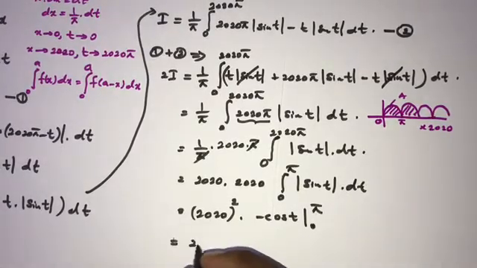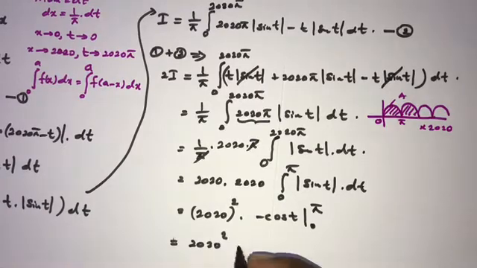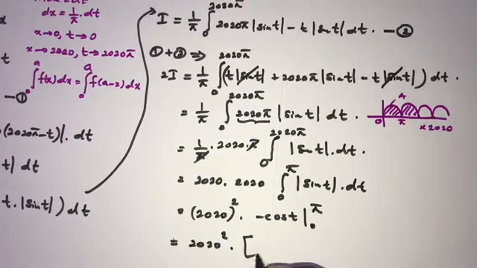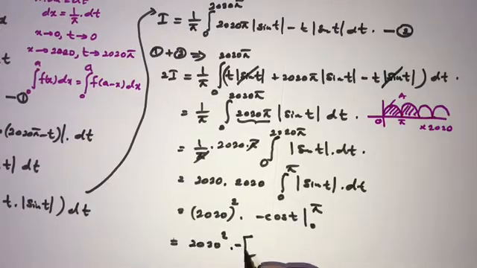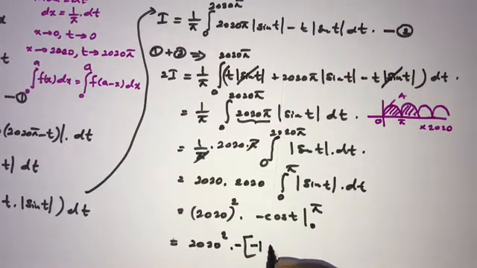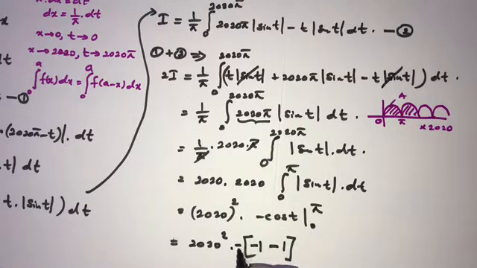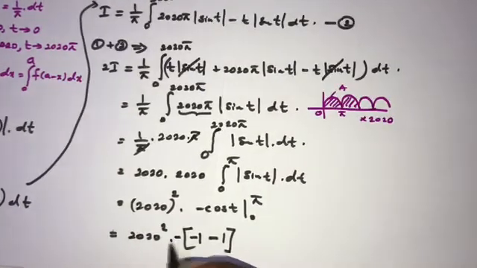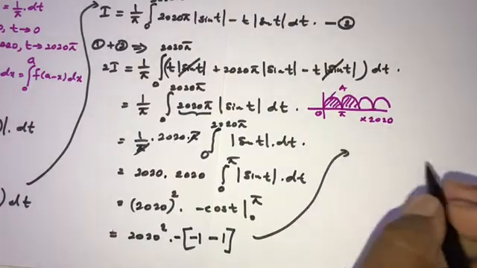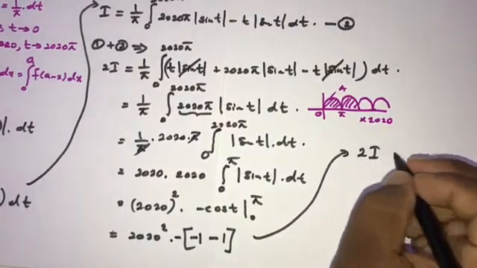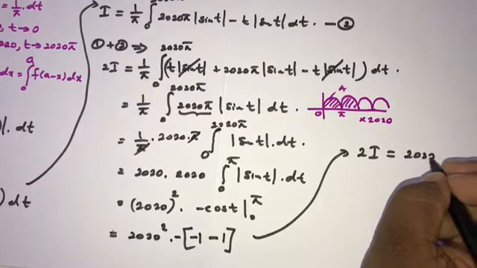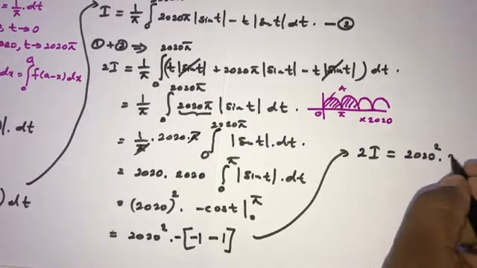So 2020 squared times, here if we plug in pi, we have minus, cosine of pi is minus 1, minus cosine of 0 is 1, so minus 2 times minus, so plus 2. So now we can write 2 times I is equal to 2020 squared times 2.